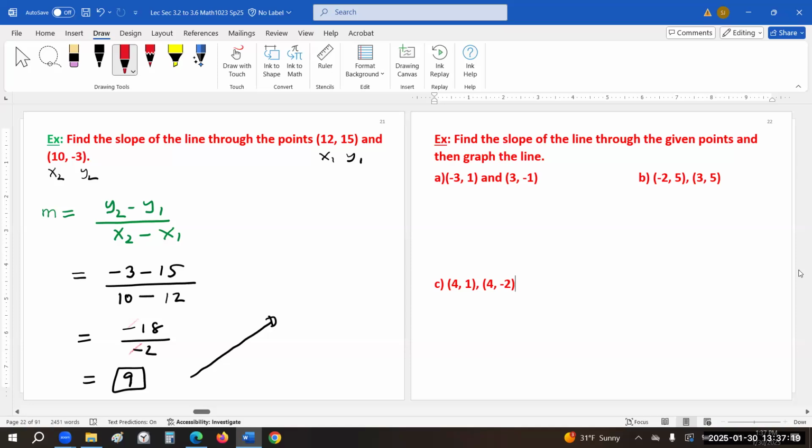So here's what you divide both of them by one number.